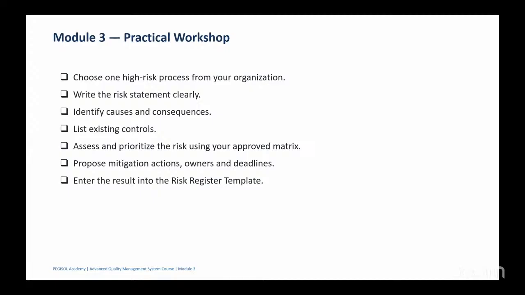So you choose one process from your organization, and then look for a risk. You identify the risk, write the risk statement, identify the causes and the consequences. Then list the existing controls. Then assess and prioritize the risk using your approved risk matrix, then propose the mitigation action, owners, and the deadline. Then enter it into the risk register that you have created.